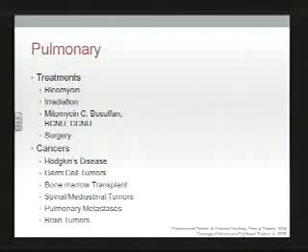So next up, I'd like to talk about pulmonary toxicity. The treatments that we use that primarily cause this are bleomycin and radiation. Cancers typically affected from the pulmonary standpoint are Hodgkin's first and foremost, but also germ cell tumors, patients who have received bone marrow transplant, spinal and mediastinal tumor patients, and then anything where you've got a pulmonary metastasis certainly can be affected.